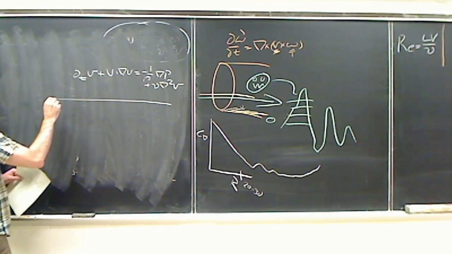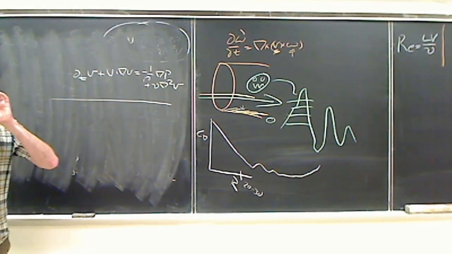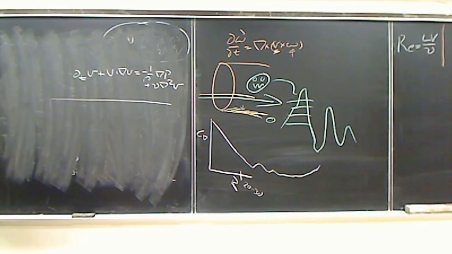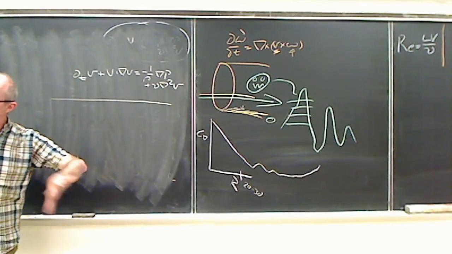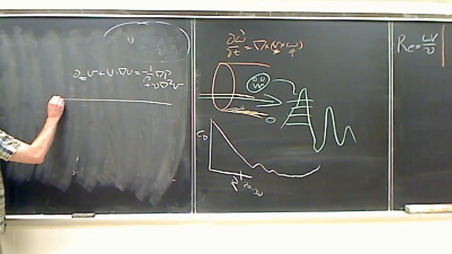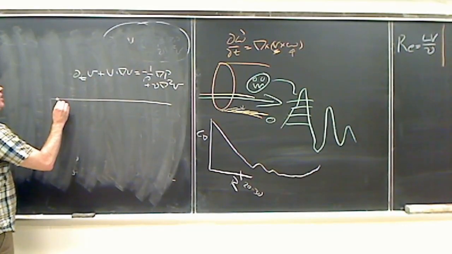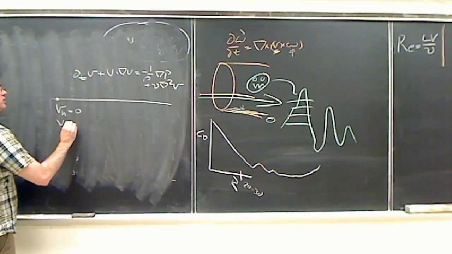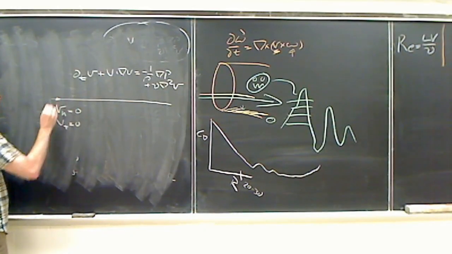So if we just start thinking about blowing across a surface, like you've got a wind across a surface, you've got a leaf blower that's dumping air onto a surface, you have some initial start, but we know that v normal is equal to 0 and v tangential is equal to 0 right here.